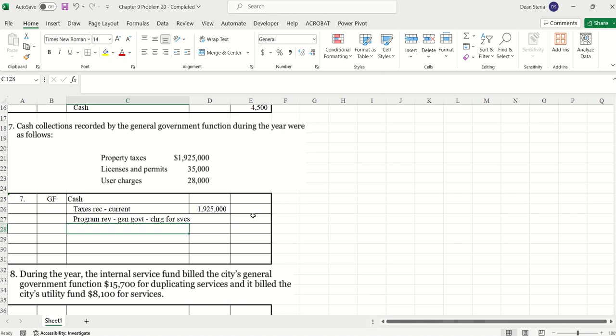Okay, and let me see here. Sorry, that shouldn't go there. Taxes receivable current, we collected that much, so we're going to reduce our current amount. I apologize for that.